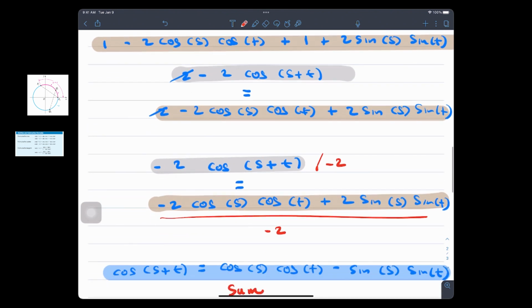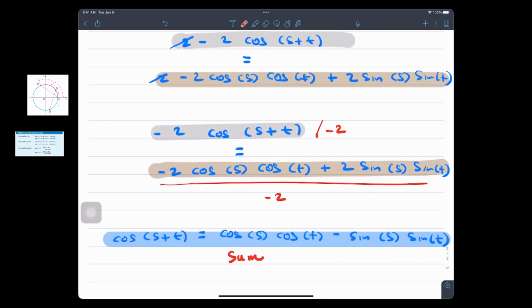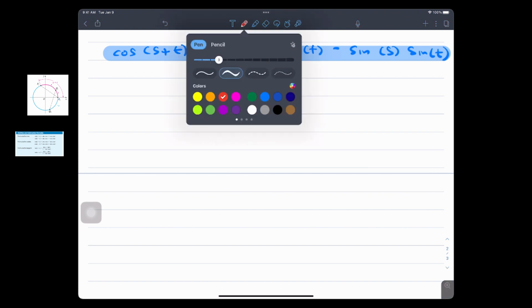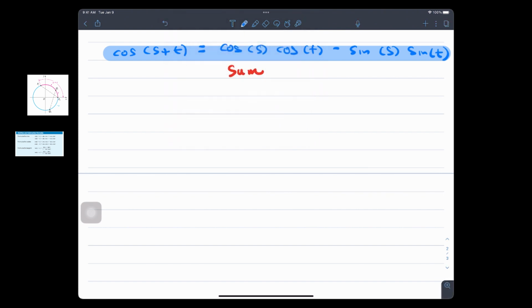Now, the proof's in your book, just so you guys know. You guys can take a look at that. Now, you might say, where does the difference formula come from? It comes from this formula.